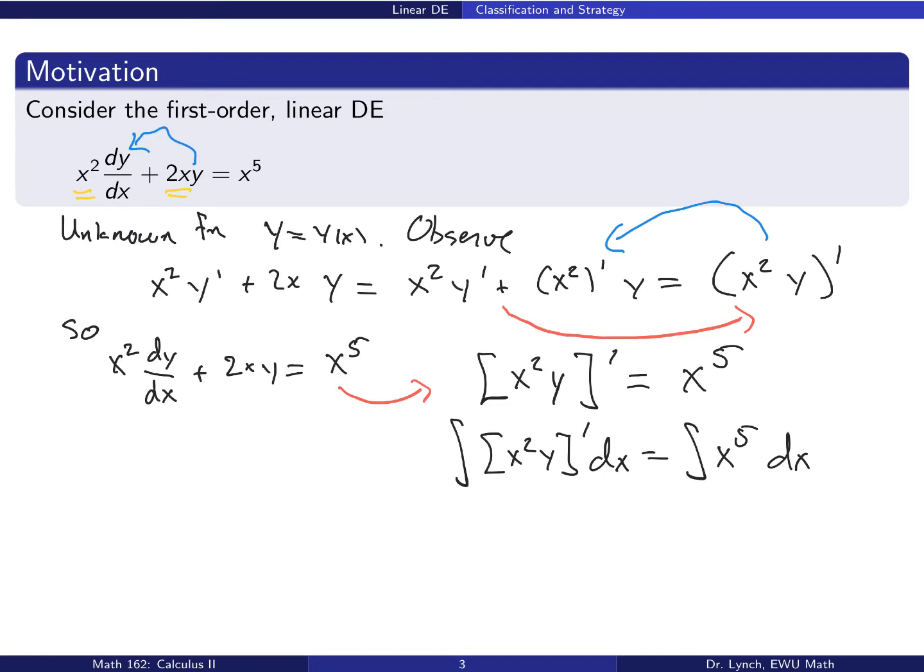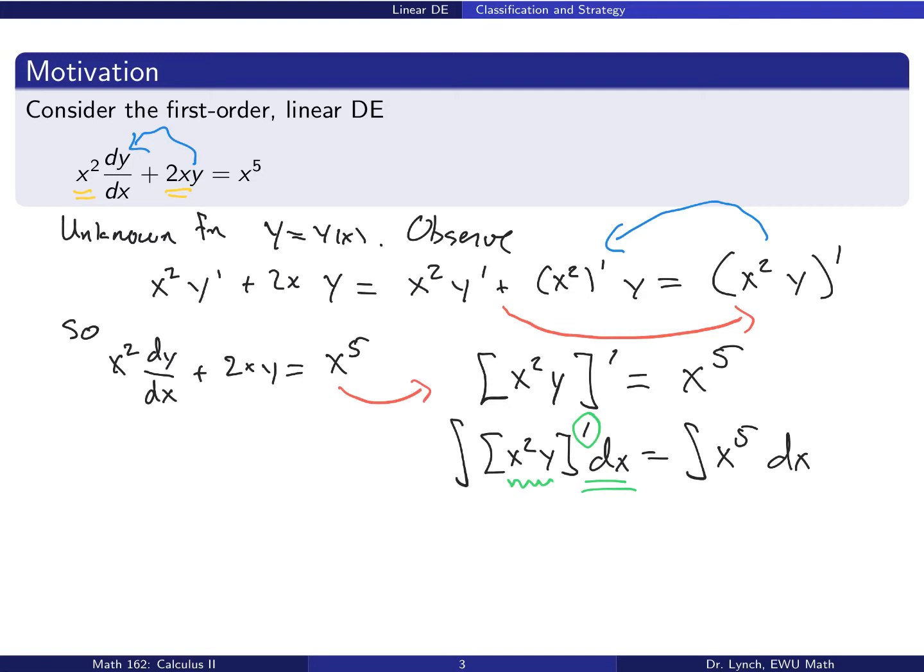Now we can integrate both sides here with respect to x. The integral of (x squared y) prime dx is equal to the integral of x to the fifth dx. And keep in mind here that this prime denotes a derivative with respect to x, right? So if we have a derivative with respect to x, integrated with respect to x, we're just going to get back that thing that we took the derivative of.